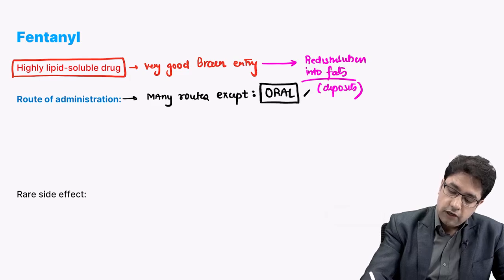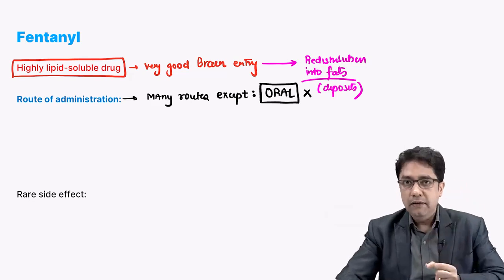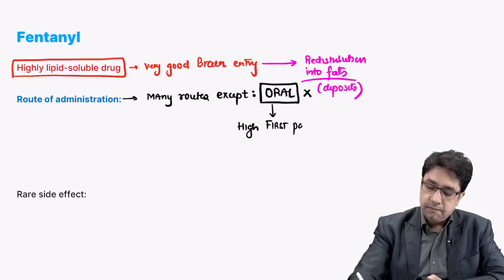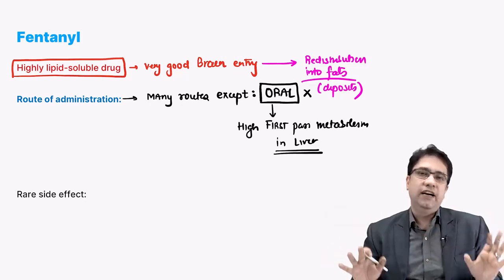Fentanyl is not given by oral route, because when you give fentanyl orally, fentanyl has very high first pass metabolism in liver. So F for fentanyl, F for first pass metabolism in liver, it means liver degrades fentanyl.